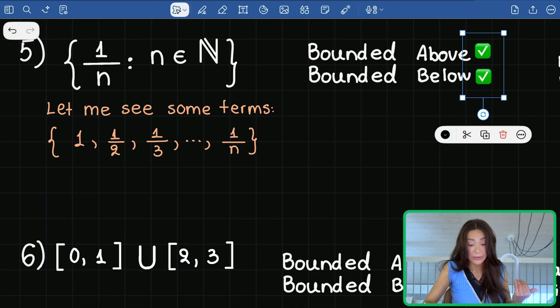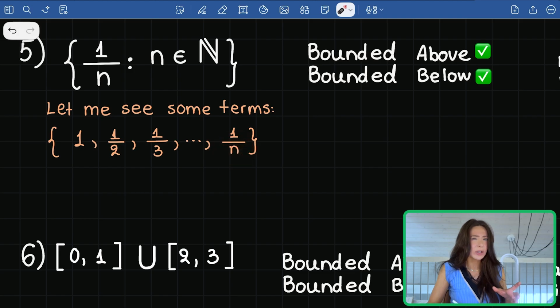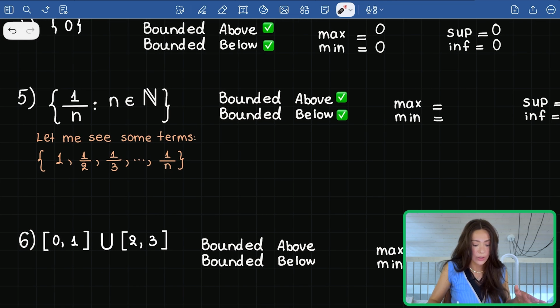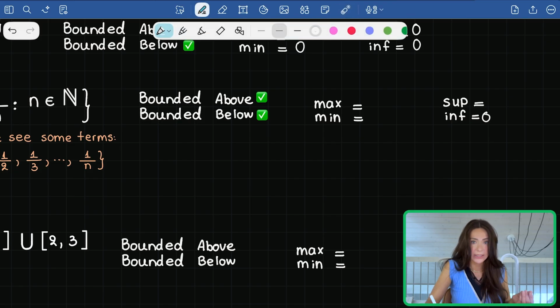It's bounded below as well, because as you can see, 1 over a huge number is very close to 0, but it never crosses 0 and gets smaller than 0, and gets to -1 or -2, right? So it is bounded below. It has inf 0 and sup 1. Maximum is 1, but minimum does not exist.